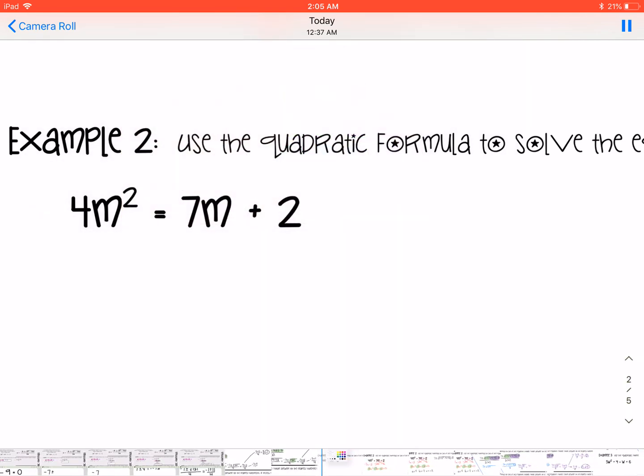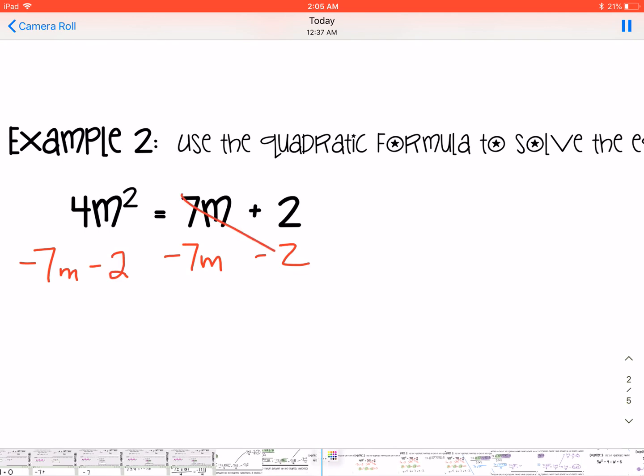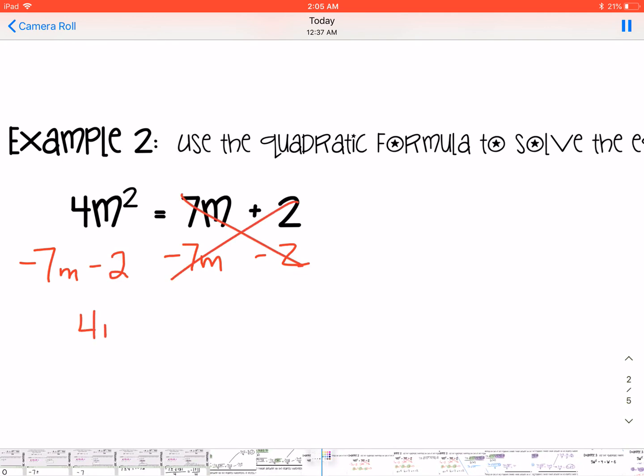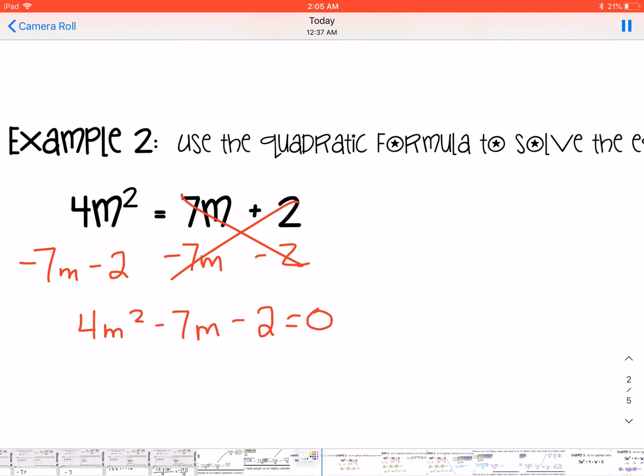So I would subtract 7m, and I would subtract 2. Those would cancel out, and that would leave me with 4m squared minus 7m minus 2 equals 0. And I did that to get in standard form of ax squared plus bx plus c.